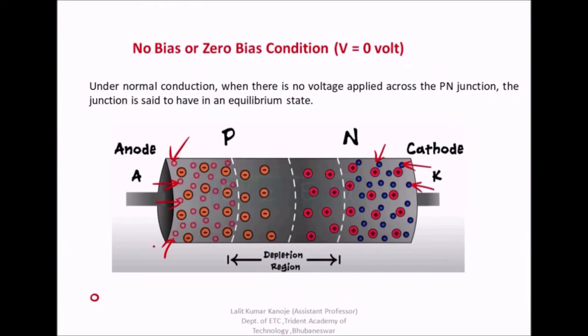Now once the diffusion process occurs, we will have some negative charge over here, because electrons will move towards the p-type semiconductor and holes will move towards the n-type semiconductor, creating a region in such a way that positive charge will be here and some of the negative charge will be depleted here.